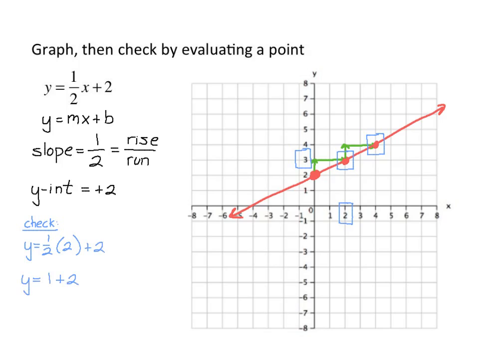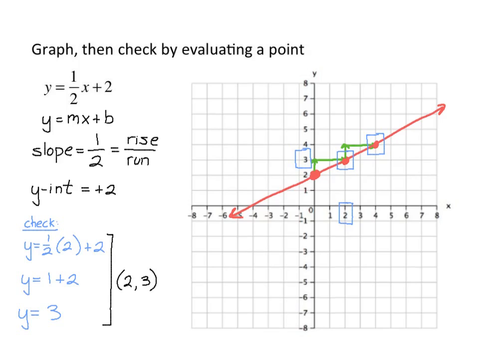And since I know that 1 plus 2 is equal to 3, we are all set here because, don't forget, this does represent the ordered pair. I plugged in 2, I got 3, and that confirms that I do get this ordered pair.